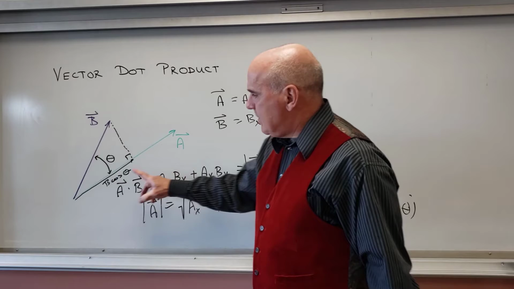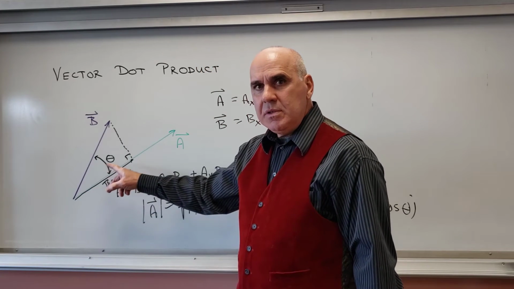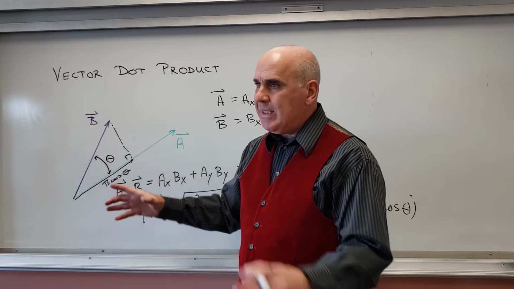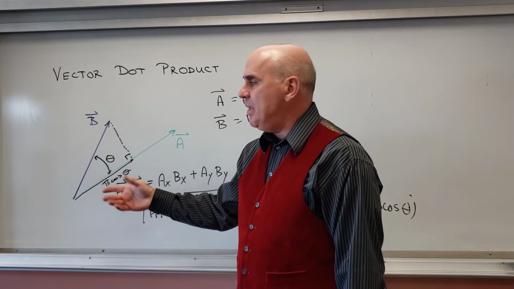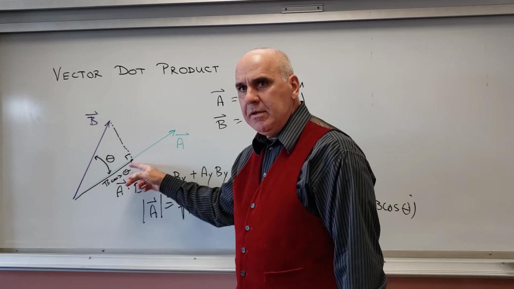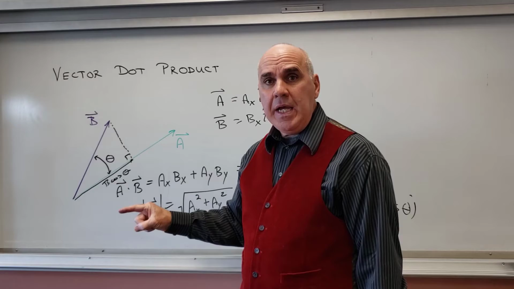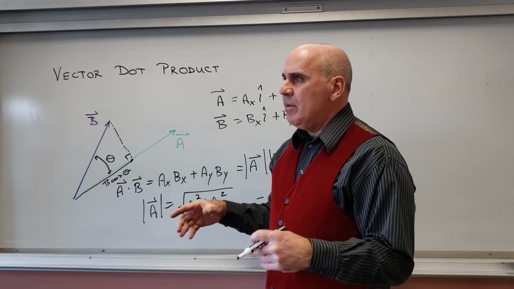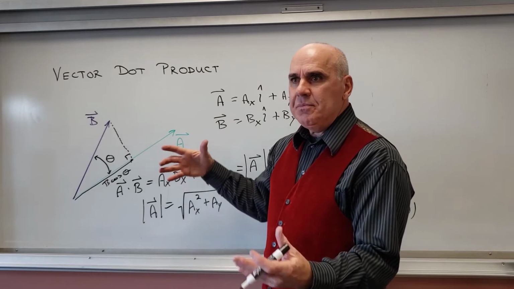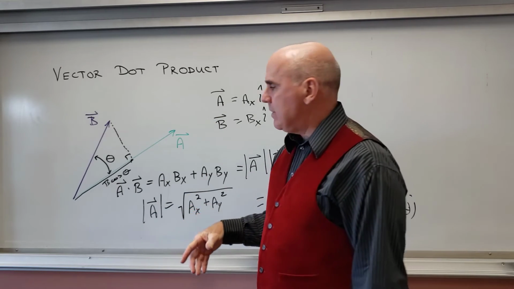So this is B cosine theta. And I sometimes will write this as the component of B, not the x component or the y component, but the component of B along A, the component of B parallel to A. Because x and y are in this direction, but I could rotate those and B would still have a component along some rotated X and Y axis.